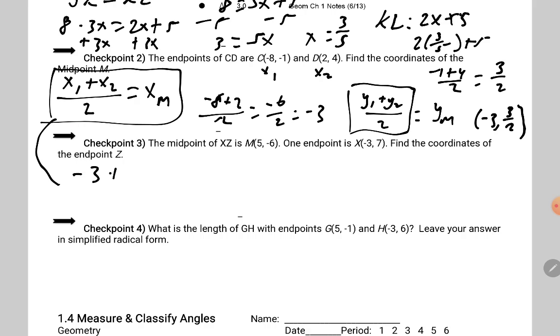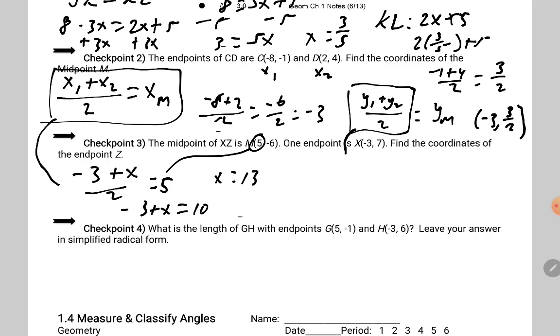So -3 plus x divided by 2 equals 5. And that'll give us, multiply both sides by 2, so I'll get -3 plus x equals 10. So x equals 13.